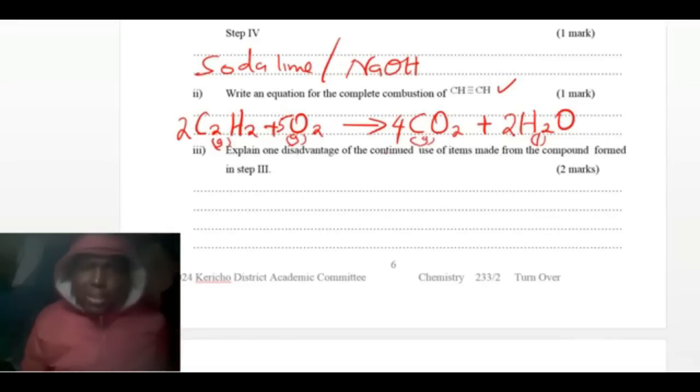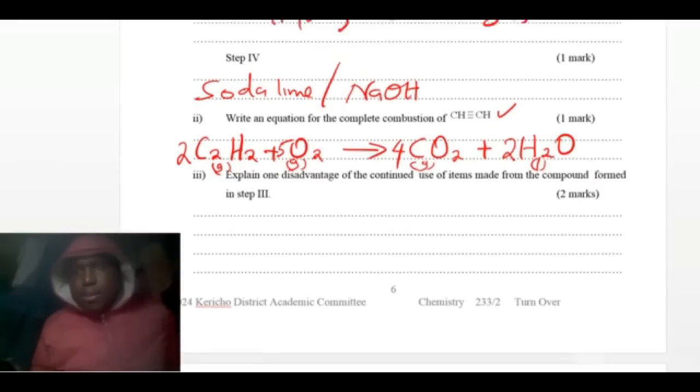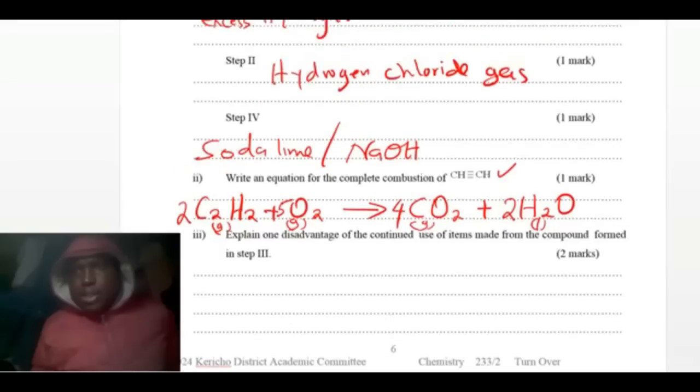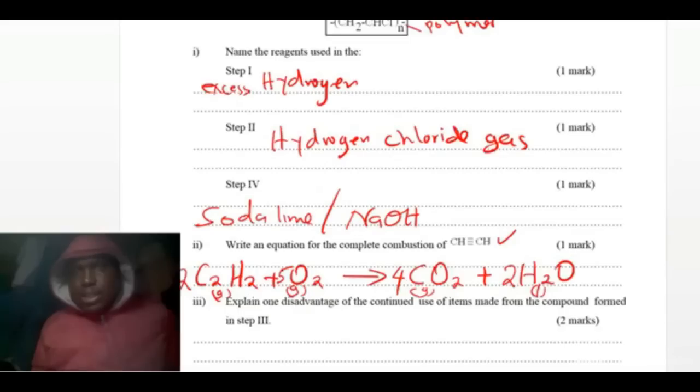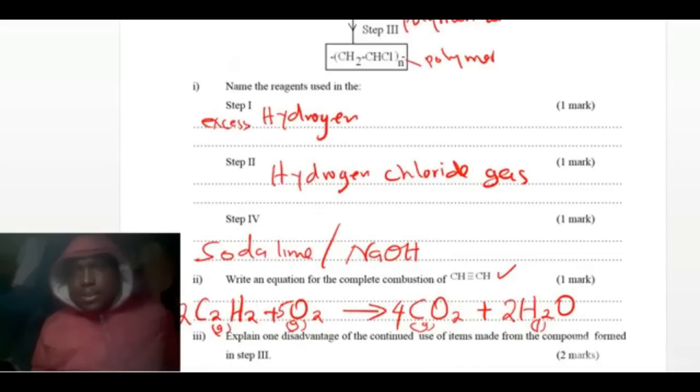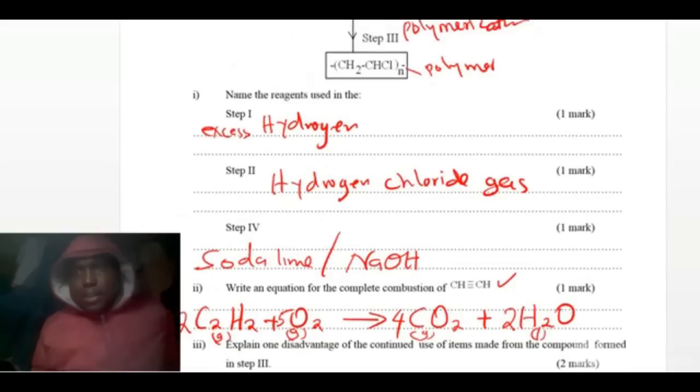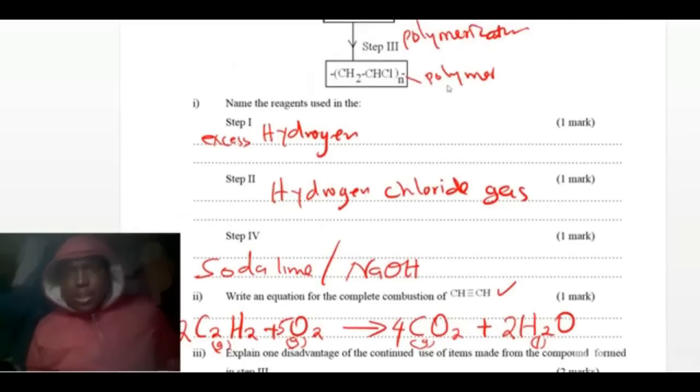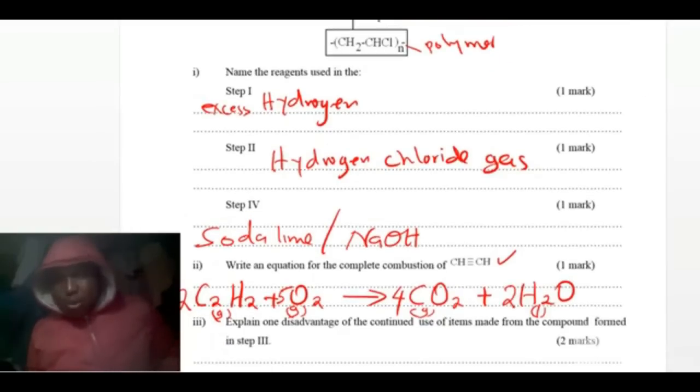Explain one disadvantage of continued use of items made of the compound formed by step 3. Compounds formed by step 3, we go back to step 3 and check which compounds those are. So step 3, you can see these are polymers. So it is a polymer. If it is a polymer, what disadvantage do you know about polymers?